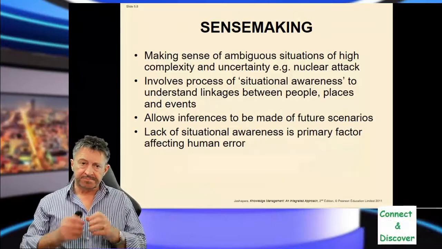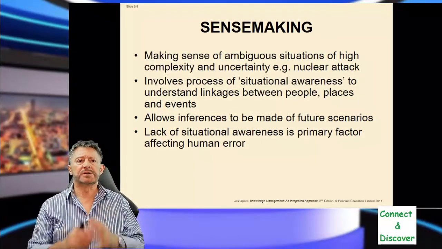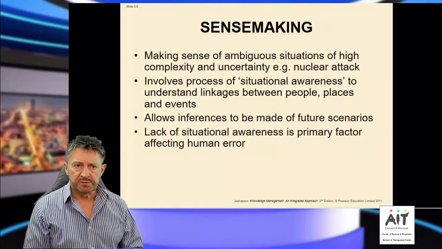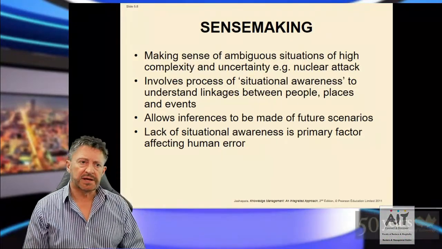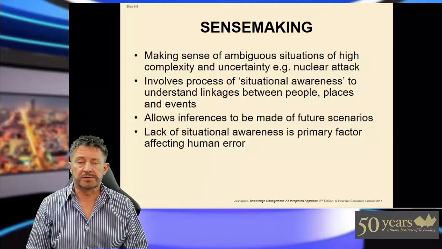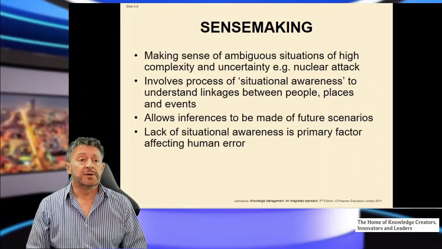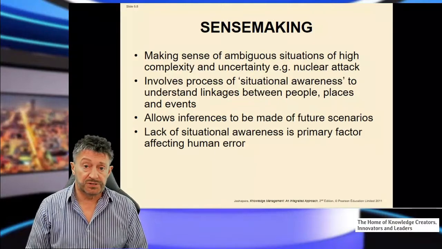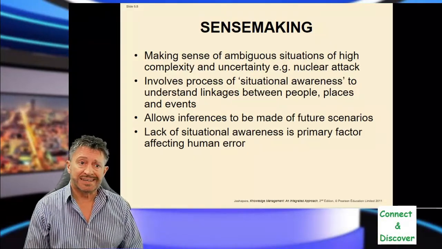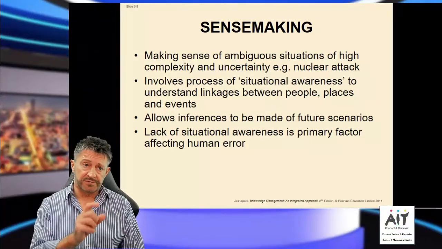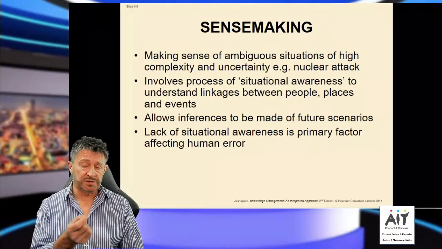Now, this is the important point here in terms of sense making. So making sense of ambiguous situations of high complexity and uncertainty. For example, a nuclear attack. Crazy example. It involves a process of situational awareness to understand linkages between people, places, and events, and then allows inferences to be made of future scenarios.